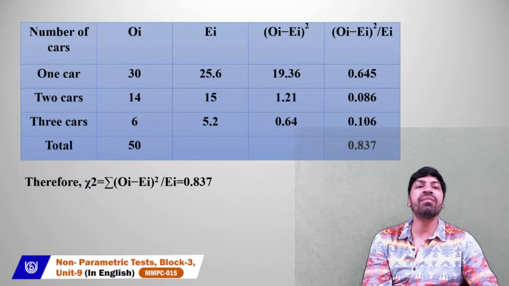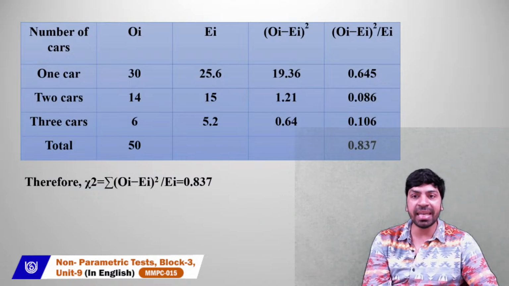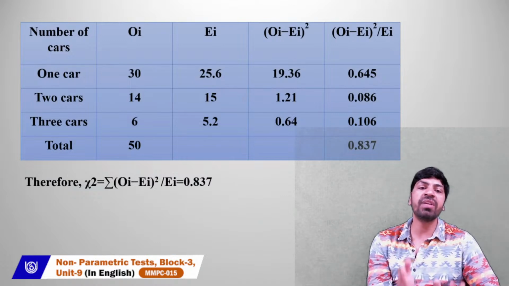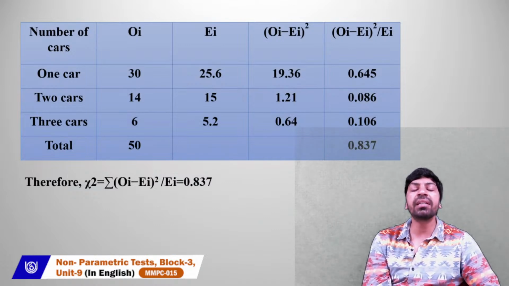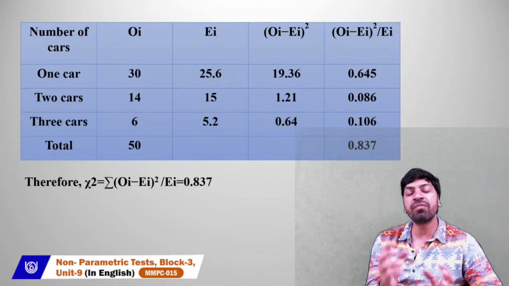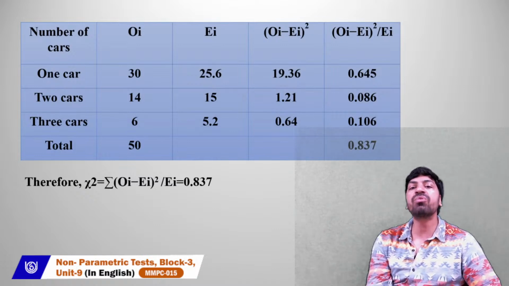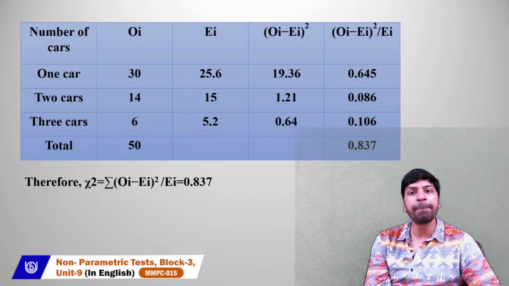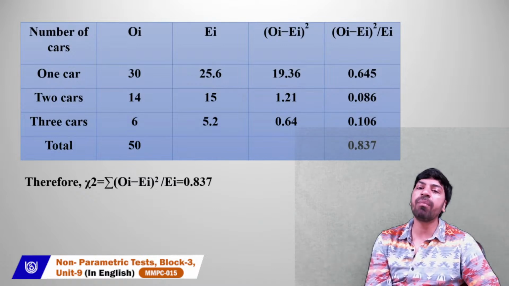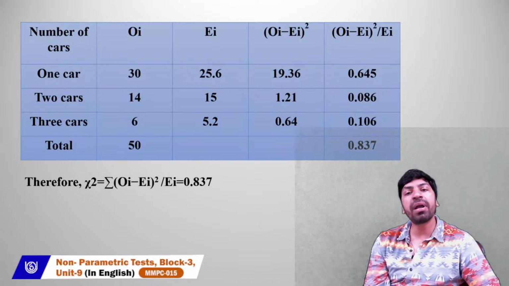Whatever value we get for O minus E, we square it, that is 19.36. The same in the case of 14 minus 15, the value would be 1. And 6 minus 5.2 gives 0.64, with square 0.64 as well.